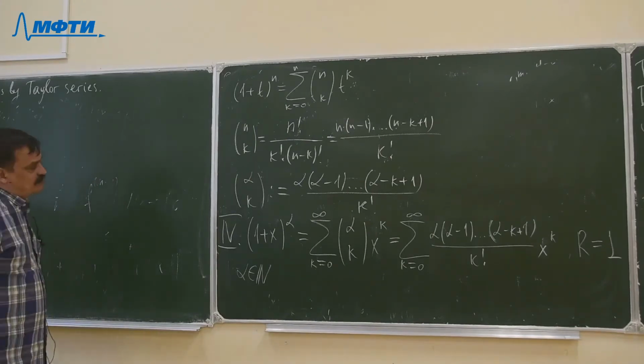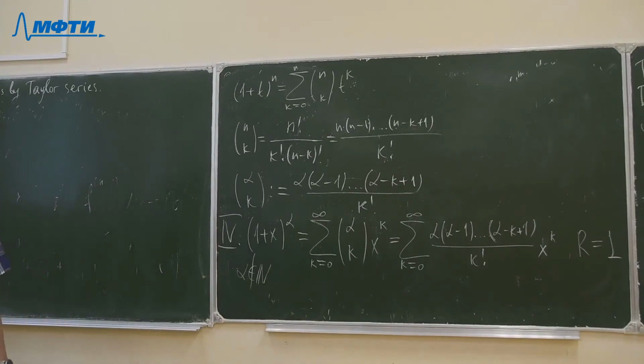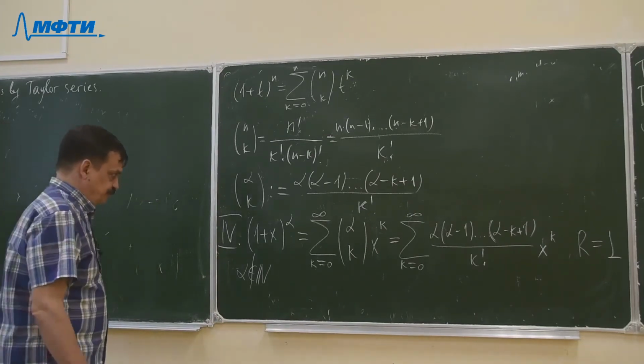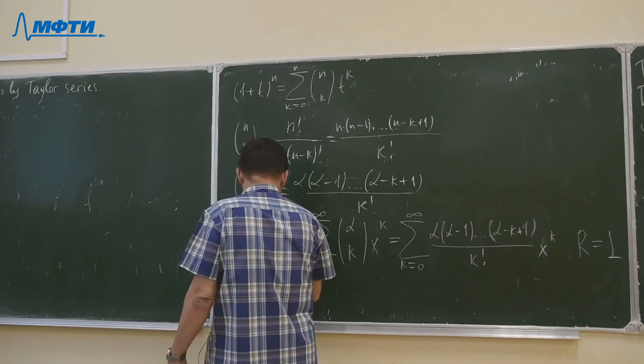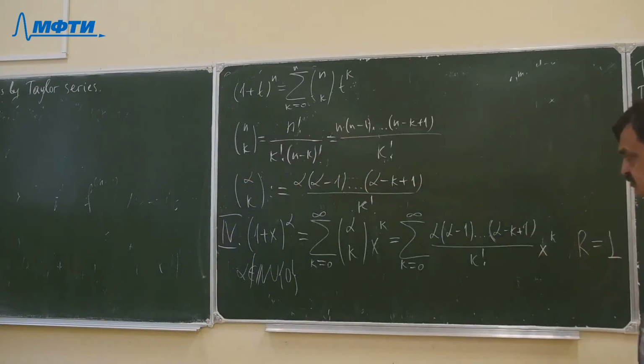So it means that we need to prove it for alpha not natural. And of course, 0 should also be excluded because it makes no sense.